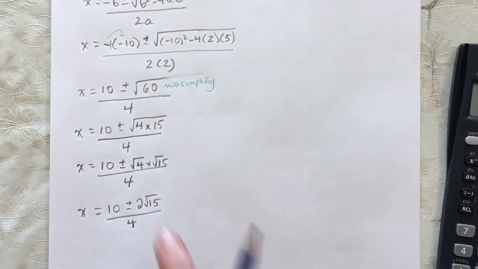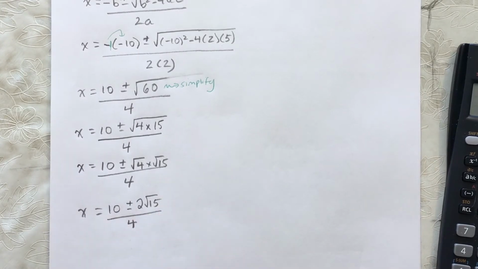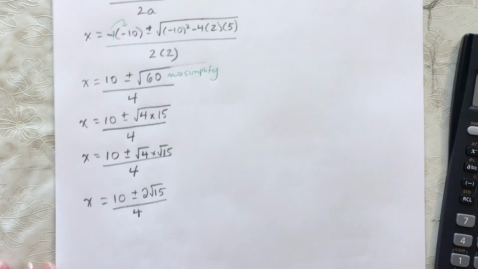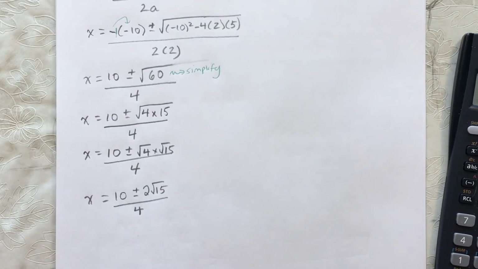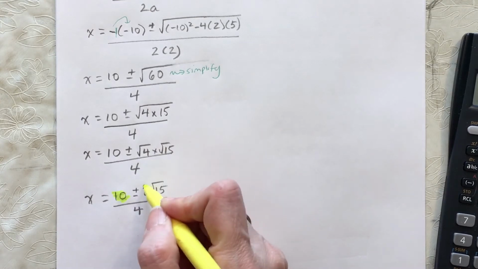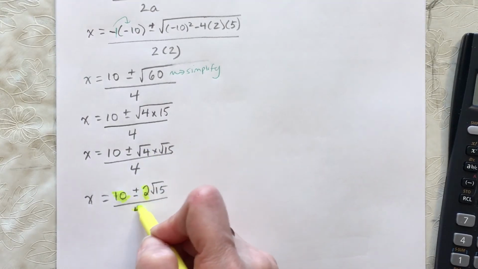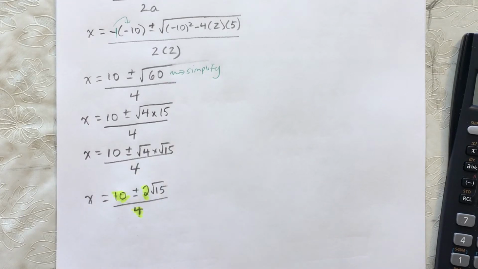Now, we've simplified the radical, but believe it or not, our answer is not in simplest form. That's because 10, 2, which is the coefficient of the radical, and 4 all have a common factor of 2.